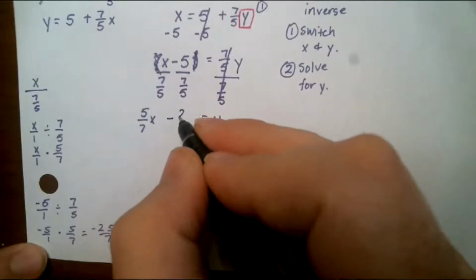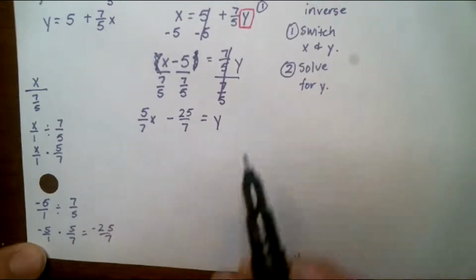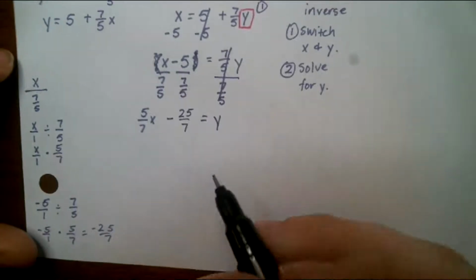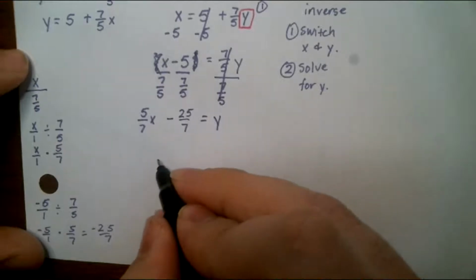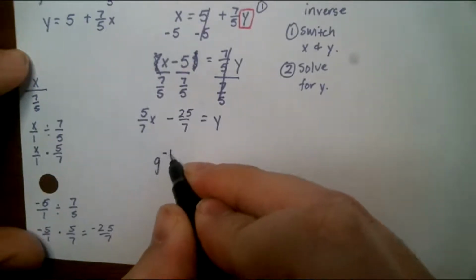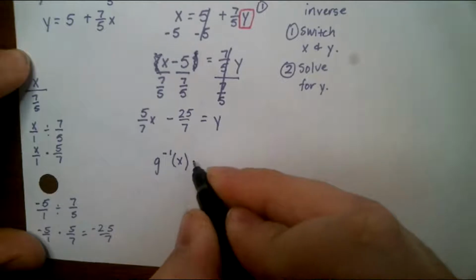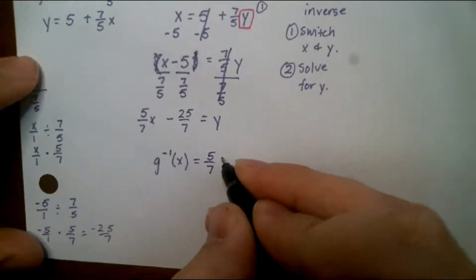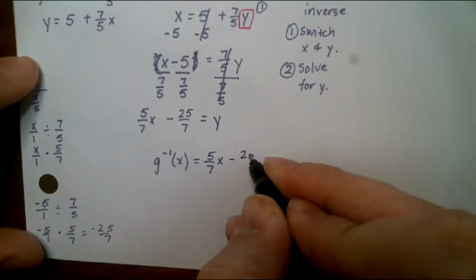So technically speaking, my inverse g inverse of x is equal to 5 over 7 x minus 25 over 7.